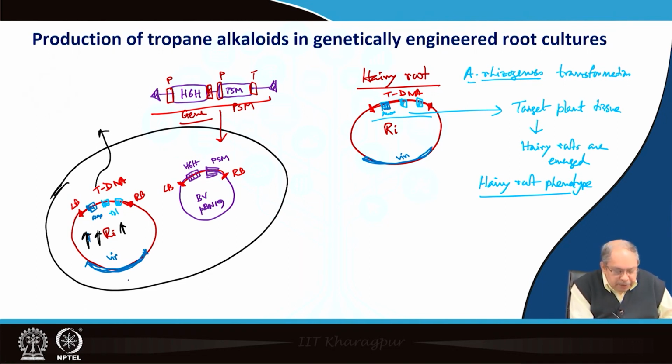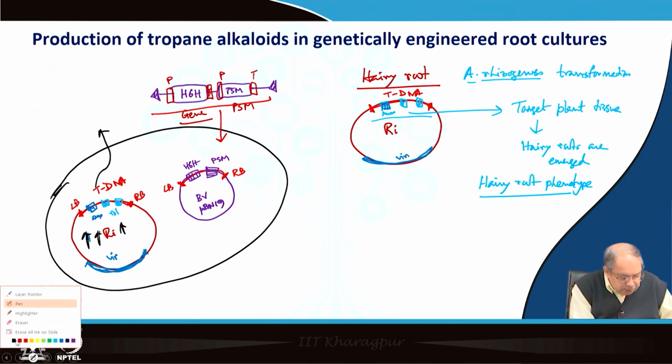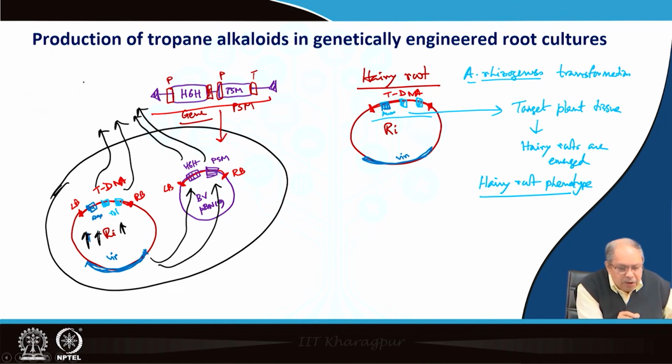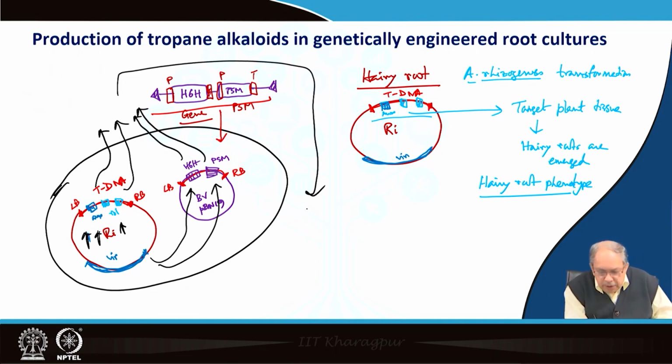Now, what will happen? This here is no vir, but this vir allows its own tDNA to go out. This vir also allows this binary vector's tDNA to go out as well. So, as a result, what will happen? You will see the co-transformed hairy roots.